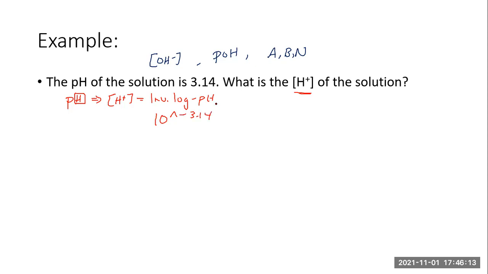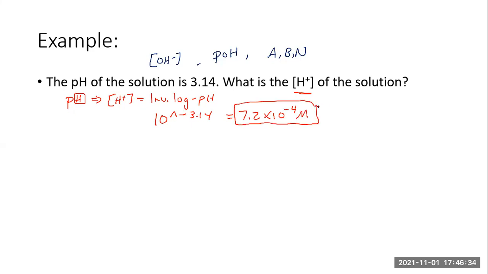And it looks like if we do that, 3.14 negative and inverse log, we end up with a 7.2 times 10 to the minus 4. We do need molarity here as it is a concentration.